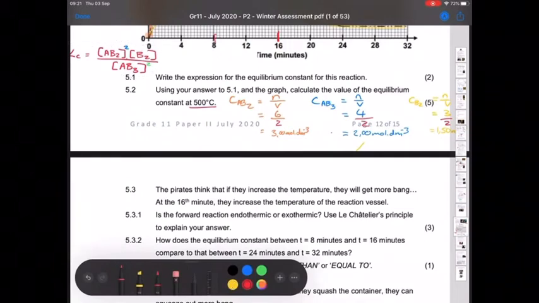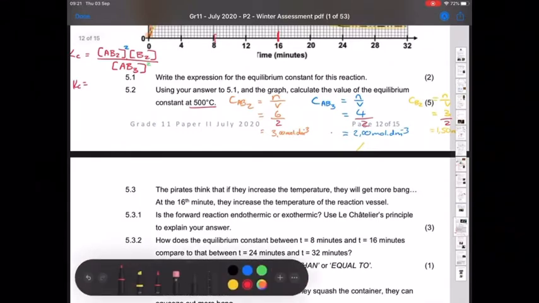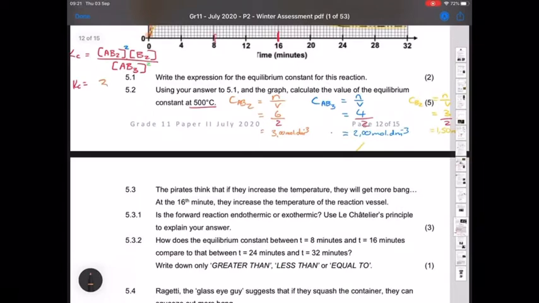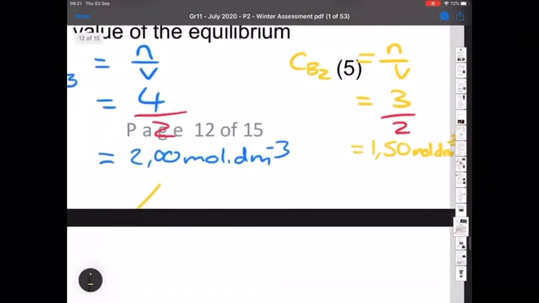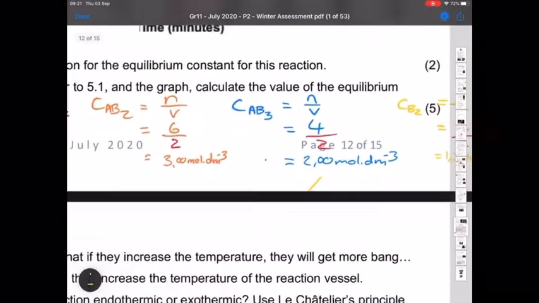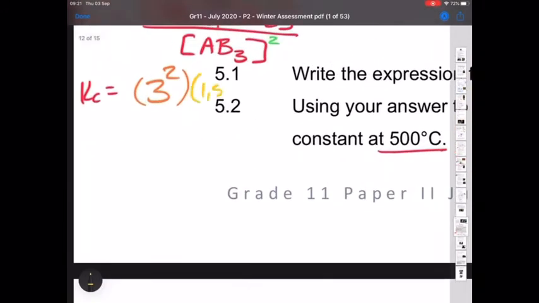So now we're going to have Kc equals concentration of AB2, so that's the orange substance, which is going to be 3. Note that there's a squared there, so 3 squared times the concentration of B2. B2 was our yellow substance. The concentration of the yellow substance, B2, was 1.5.